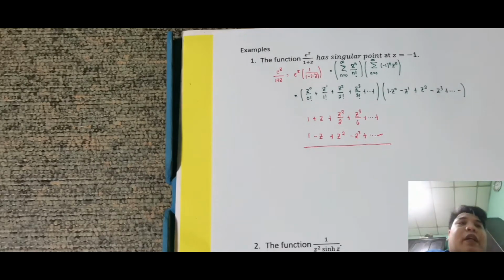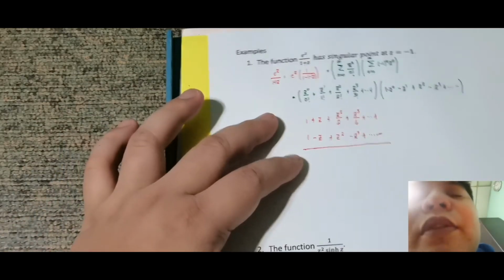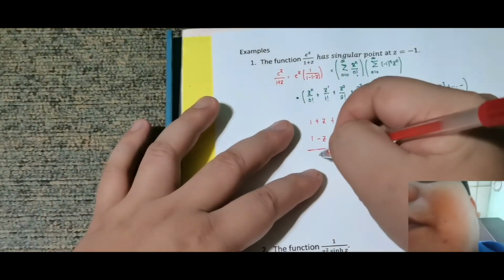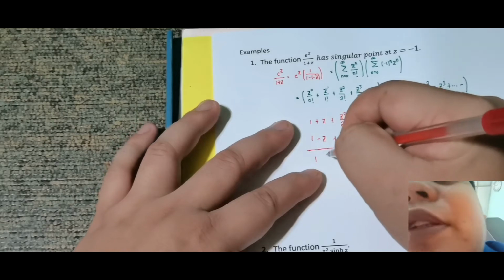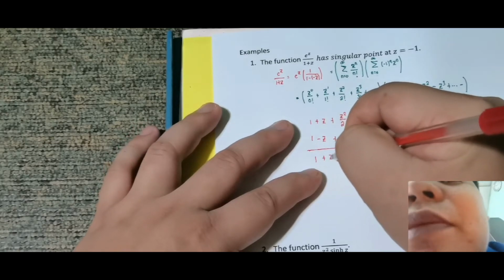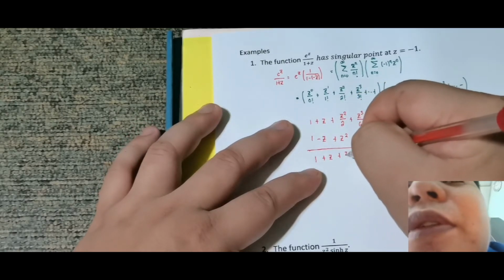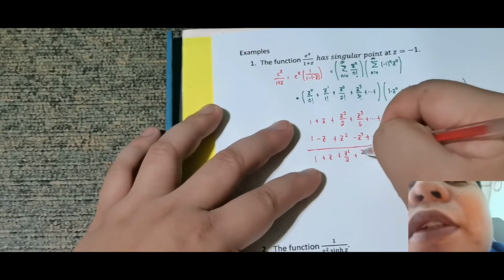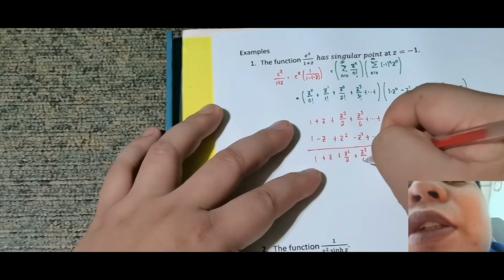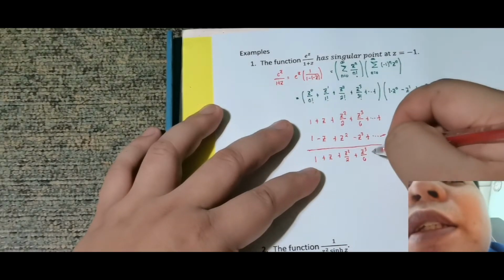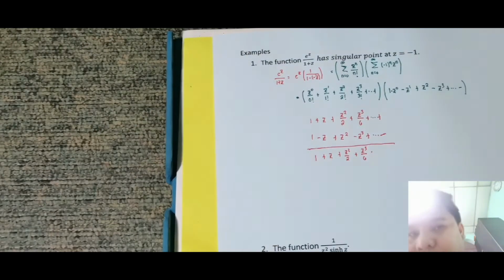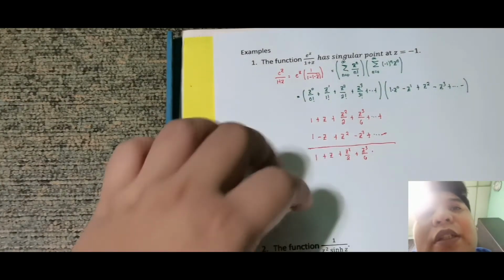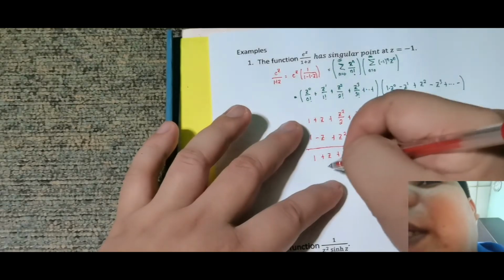So ito yung mangyayari. 1 times 1, so yung usual multiplication ng polynomial natin, it's 1 times 1, 1 times z, that's positive z. This is z squared over 2, then plus z cubed over 6. Next, negative z times 1 is negative z.